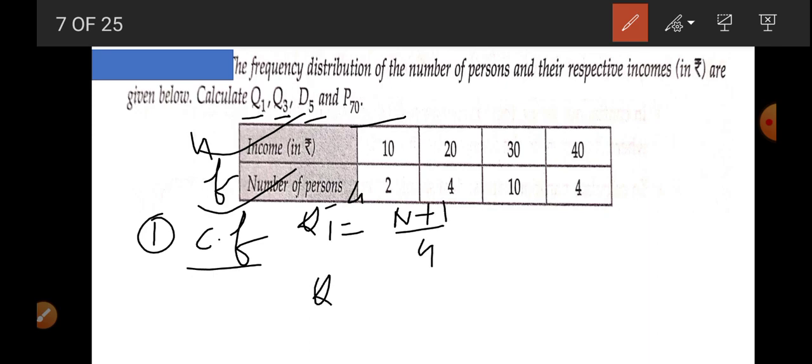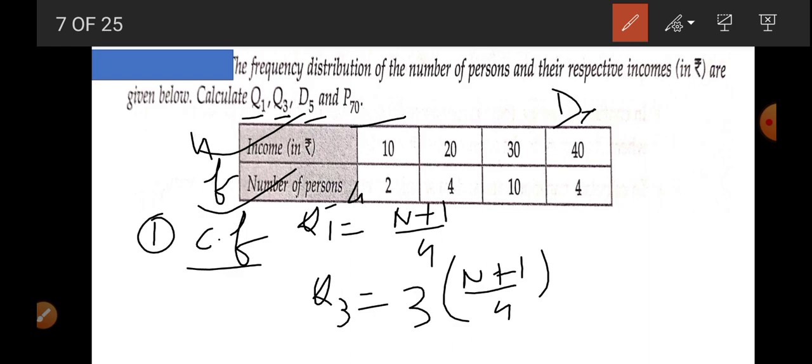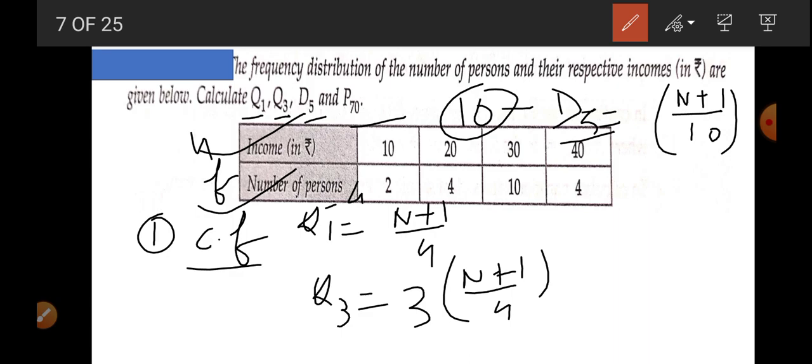For Q3 we write this basic equation n plus 1 upon 4 and keep 3 outside. Now for D5, the basic equation: decile divides into 10 equal parts, so n plus 1 divided by 10, and we calculate D5, so 5 is going to be outside.